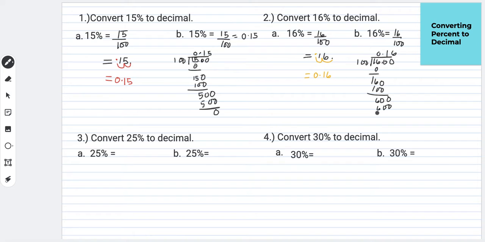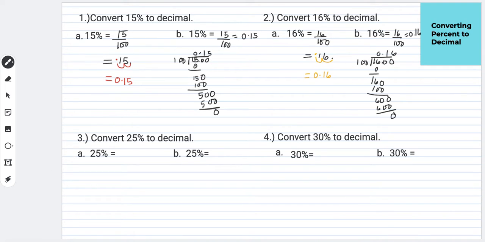Then we subtract, this is now 0. The equivalent of 16% in decimal is 0.16. It is just the same as the first answer that we have.